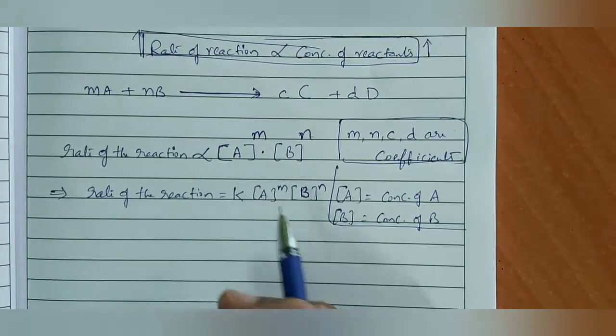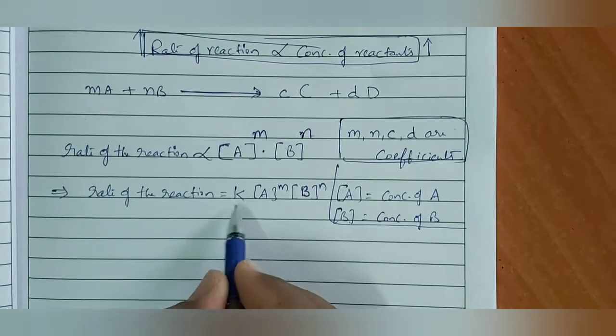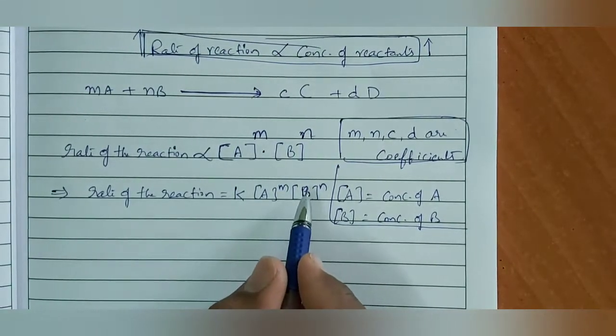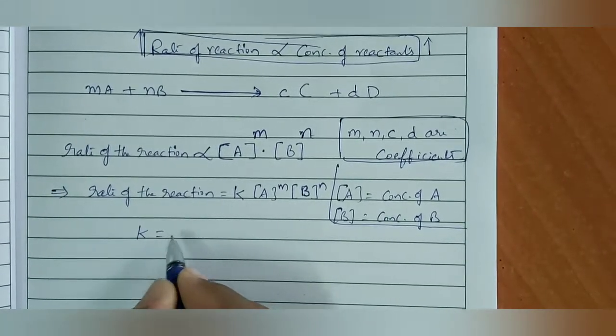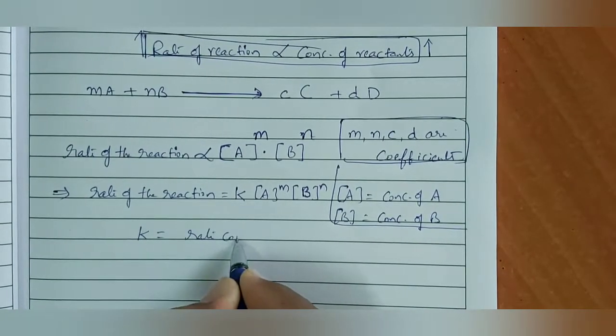Please understand carefully. Now, the rate of the reaction is equal to K into concentration of A power m into concentration of B power n, where K is called the rate constant.